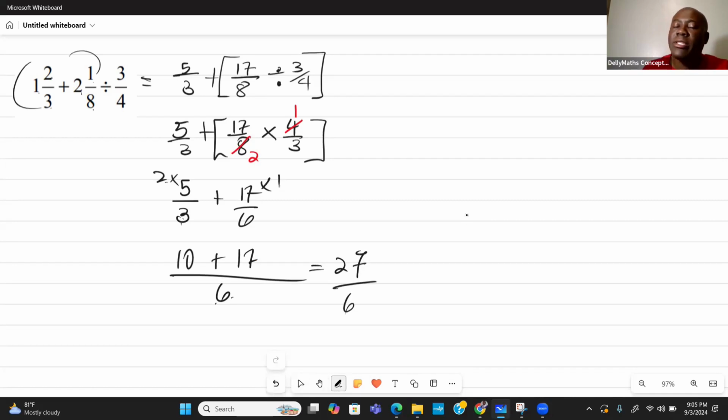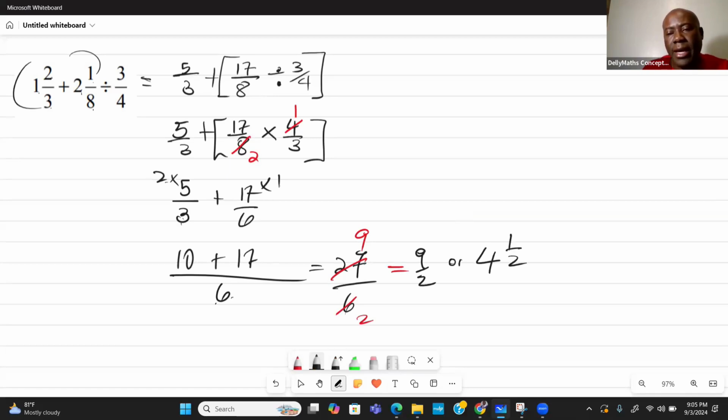And if we reduce this by dividing through by 3, so 3 into 27, that's 9. 3 into 6, that's 2. So my final response is 9 over 2, which is the same thing as 4.5. So there it is. We could submit this or that for this one.